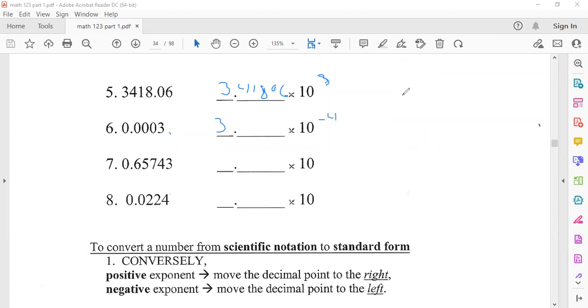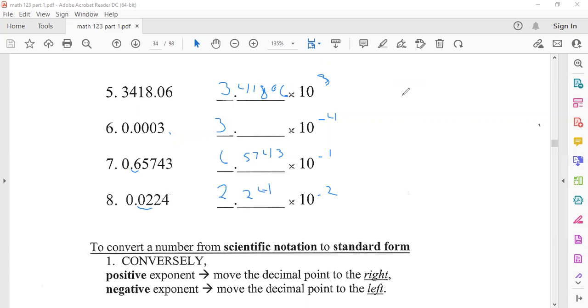So this is negative fourth power, because to actually make it back to its original form, we would be dividing by 10 four times. Next, the number 7.6574 times 10 to the negative first power. I only need to move it 1 place. Here, 2.24, and this would be negative second power, 1, 2 places.